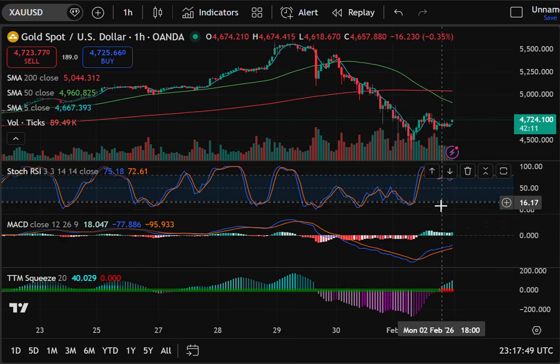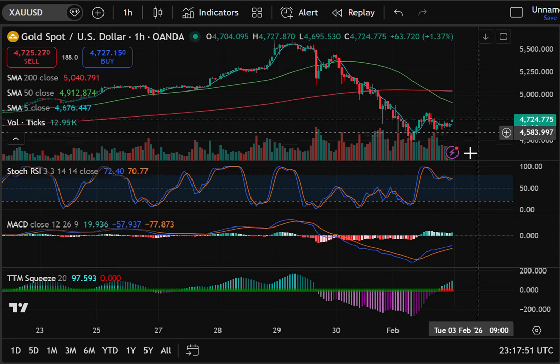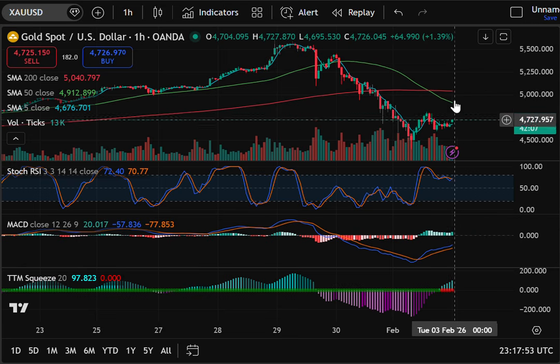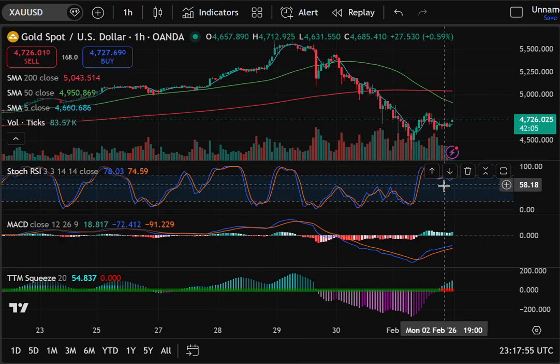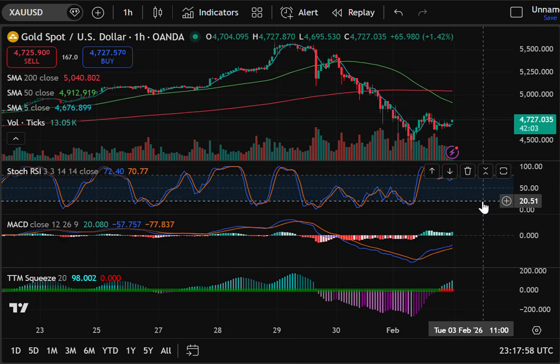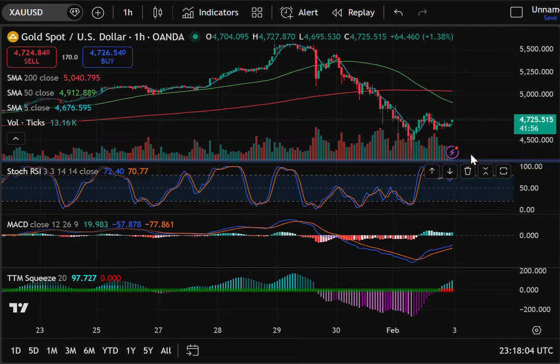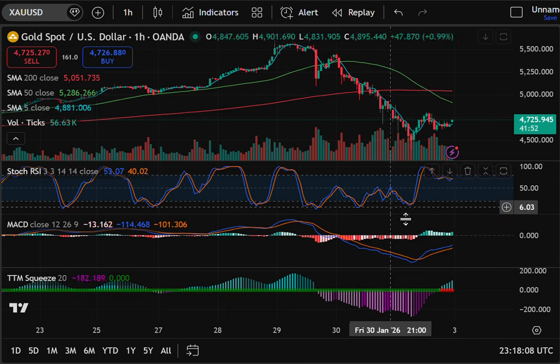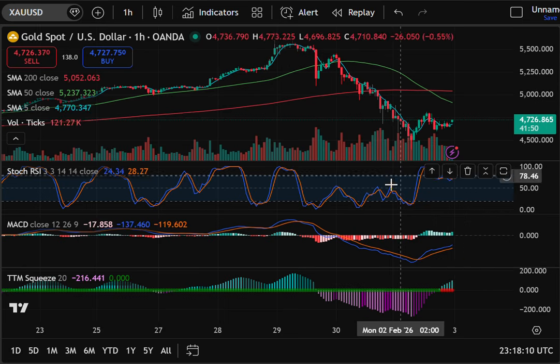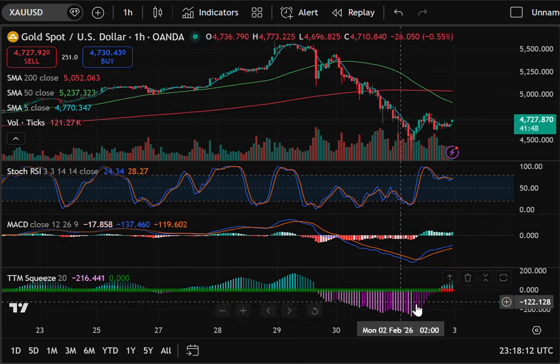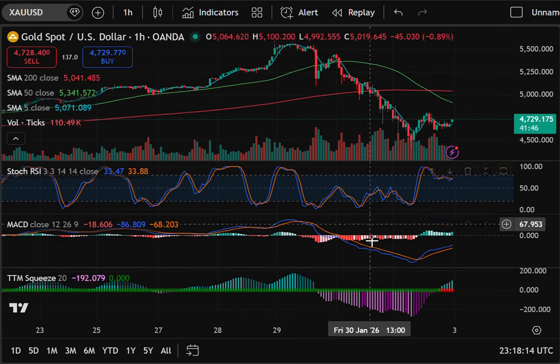Whenever it's moving upwards, the price has a chance to move upwards as well. But when it's dropping down, the price will most likely start decreasing as well. Having said that, you need to do the analysis not depending on only one indicator. You have to try to read these three indicators together to maximize your success.